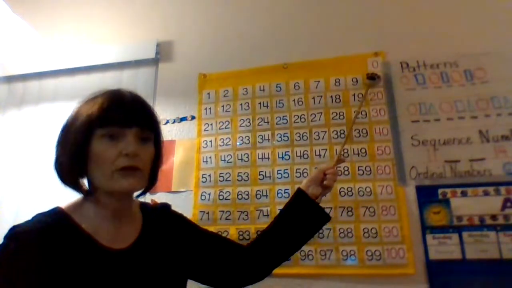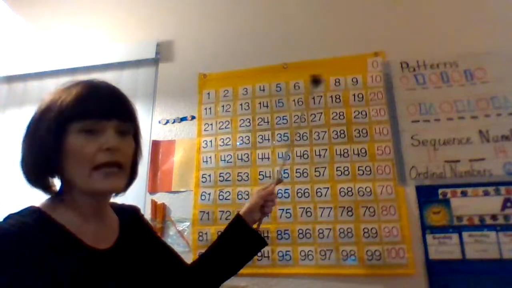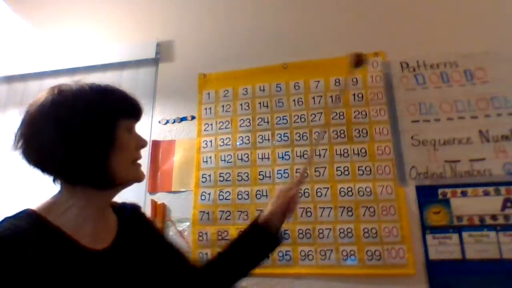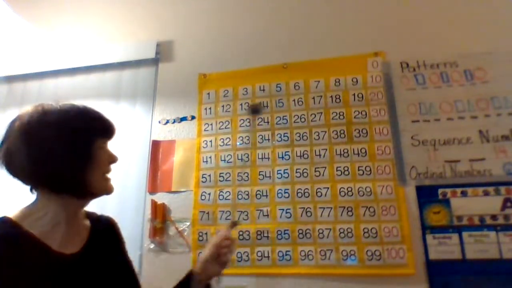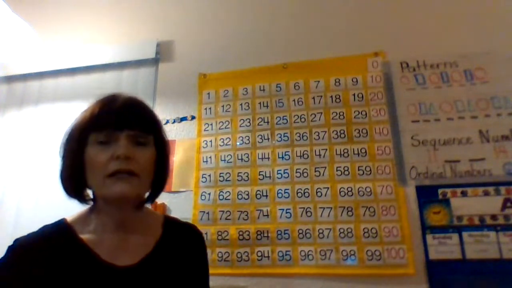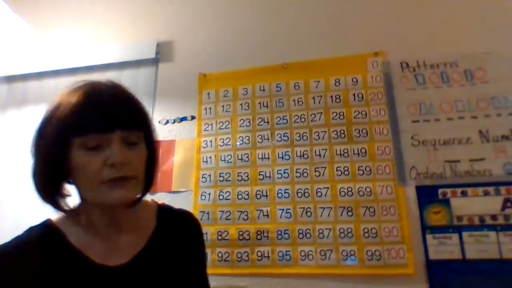Ready? 0, 2, 4, 6, 8, 10, 12, 14, 16, 18, 20, 22, 24, 26, 28, 30. And I could keep going on and on, but I would make sure not to count the odd numbers.